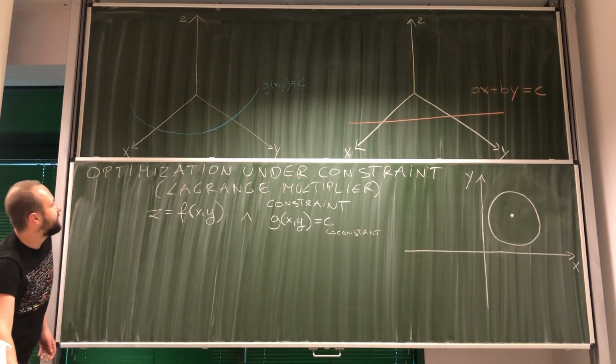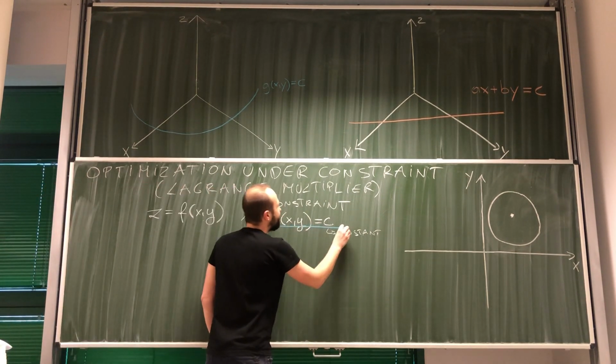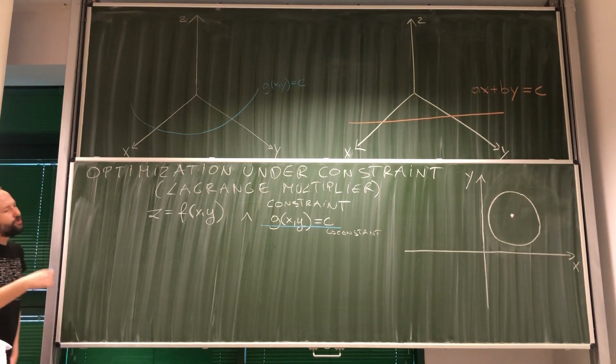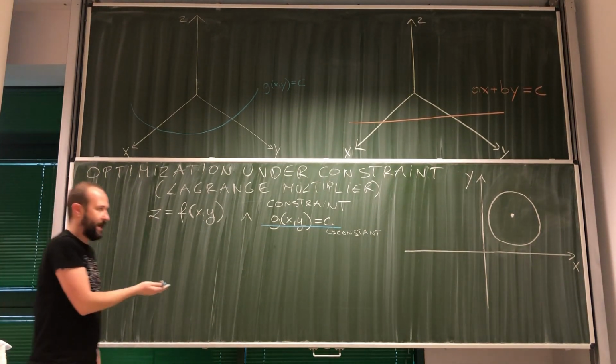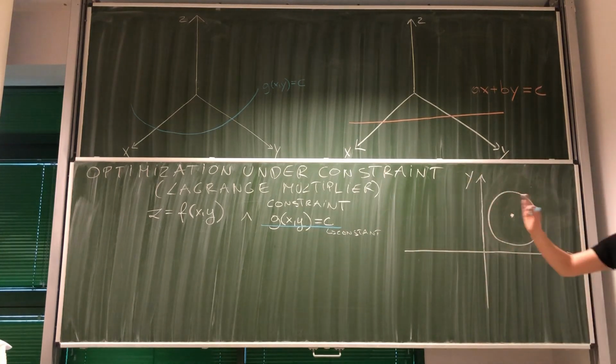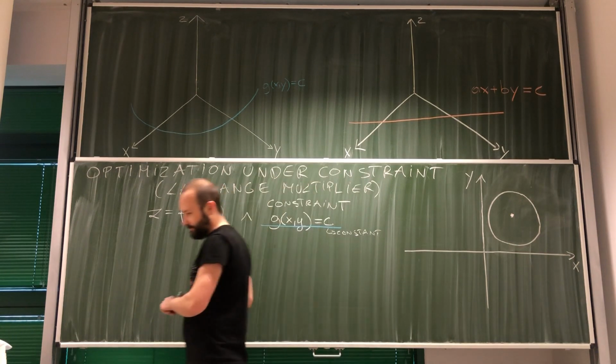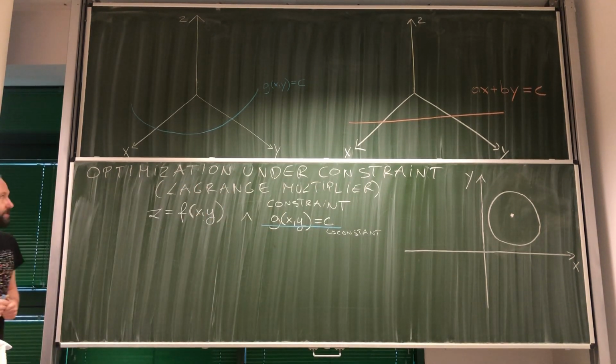But let's just say that now we've introduced a constraint in a general form. So we do not know exactly how this function looks like, right? But for now, let's assume that it's not linear. We will go back to linear case a little bit later.